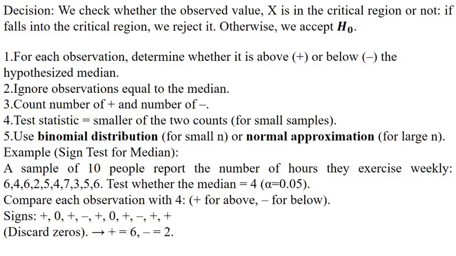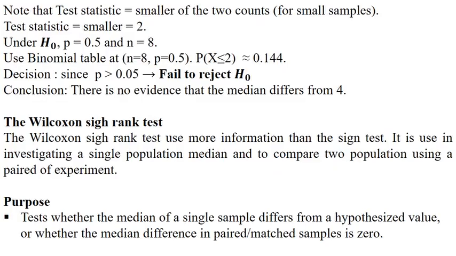Then we discard the zeros. Then we count the total number of positives. From here we have 6 positive and 2 negative. Then our test statistic is the smaller of the two counts for small samples. Of either positive or negative, we choose the one that is smaller, which is our negative, because it is 2.